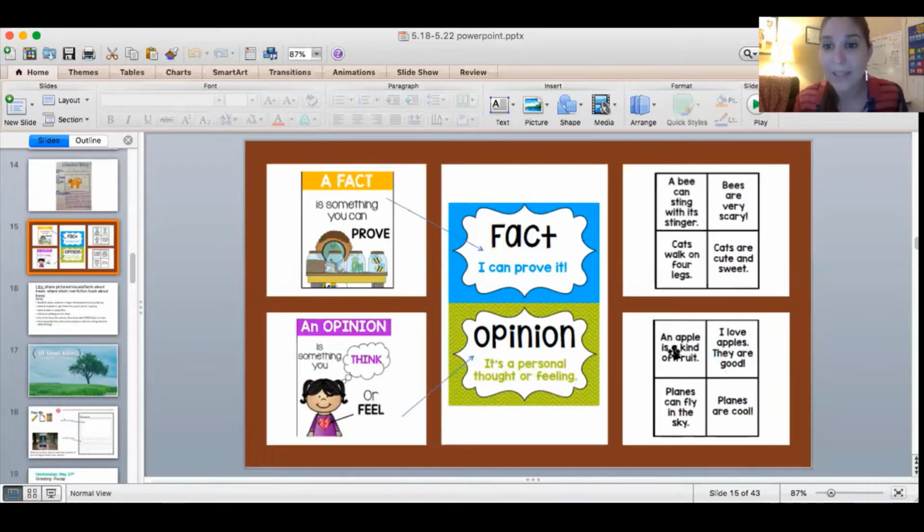An apple is a kind of fruit. That's a fact. That's real. We can prove that. Here's an opinion. I love apples. They are good. That doesn't make it real. That is how you think or how you feel about it. That doesn't mean everyone else thinks the same thing. So we're only focusing on the things that are facts so that we can prove.